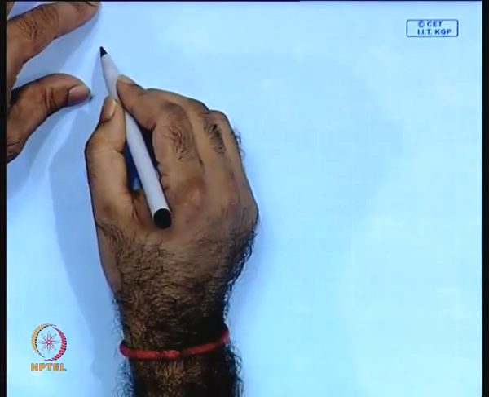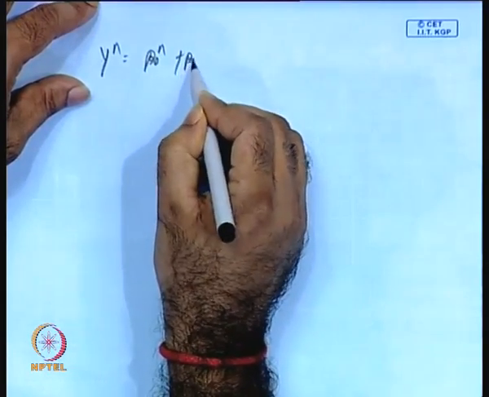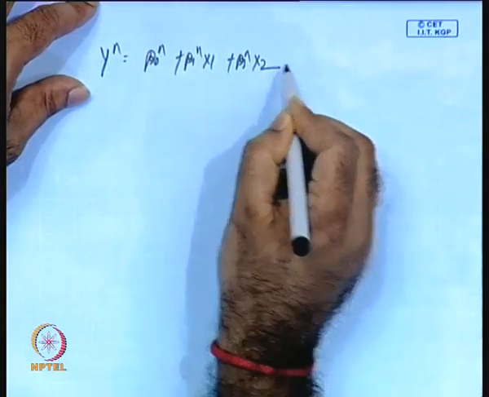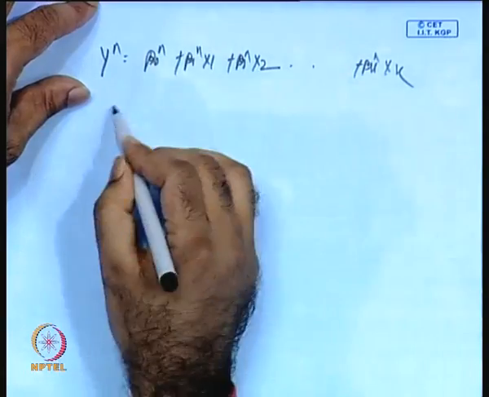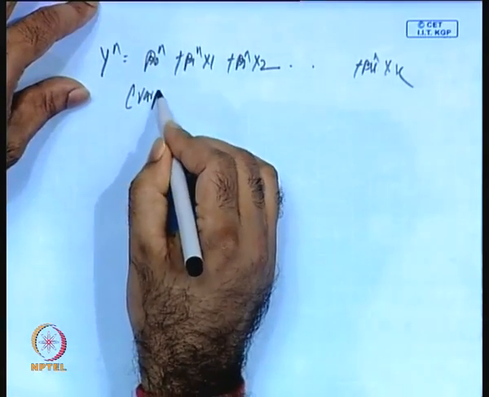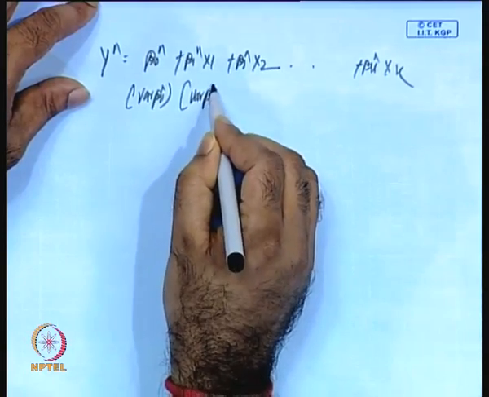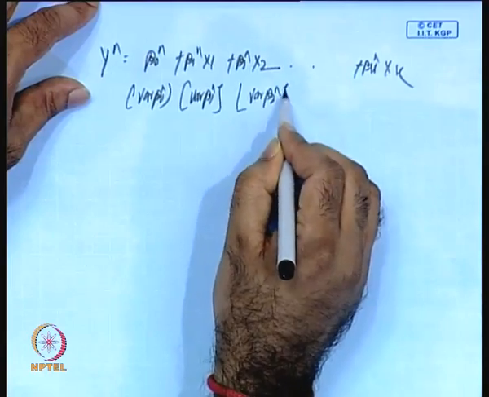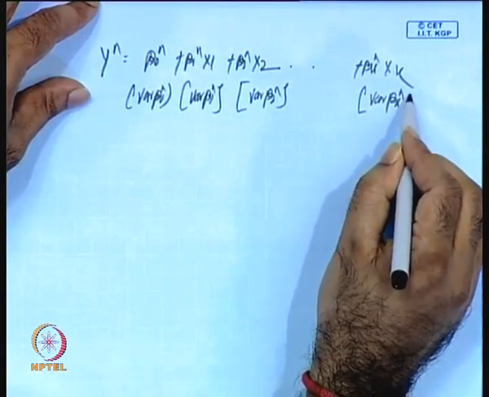Now we have y head equal to beta 0 head plus beta 1 head x1 plus beta 2 head x2, up to beta k head xk. We need here the variance of beta 0 head, the variance of beta 1 head, the variance of beta 2 head, up to the variance of beta k head.